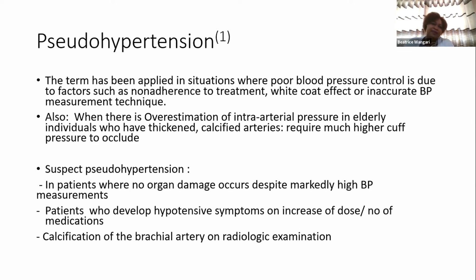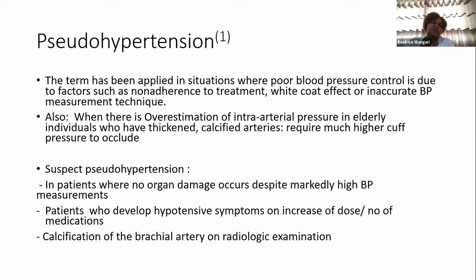Now, you can suspect pseudo-resistant hypertension, or rather, resistant hypertension which is not truly resistant, in situations where you have a patient whose blood pressures are high over time, but they don't seem to be developing any features of organ damage despite these elevated blood pressures.